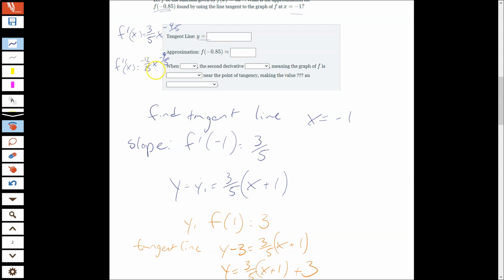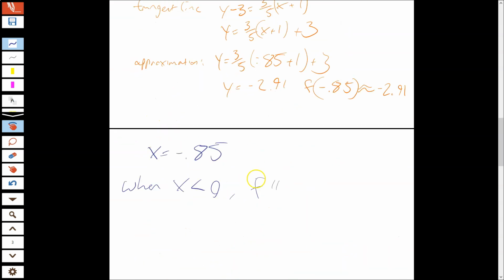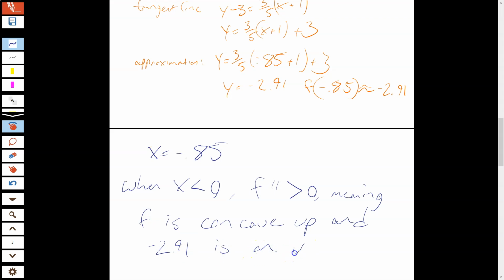And you can check that on your calculator. So this f double prime is positive. Okay, so meaning f is concave up. And our value, -2.91, is an under approximation, based on the logic that I showed you when I drew those graphs earlier.